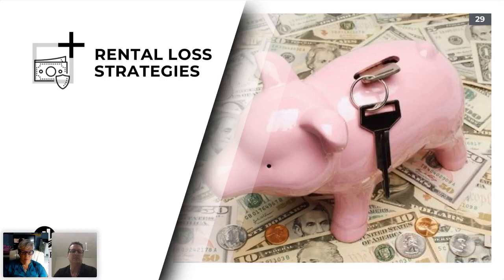Let's talk for a minute about what if you're showing tax losses for your rental property. Always take your direct expenses, as I mentioned, always take your indirect expenses, but maybe it's time to slow down or actually stop your depreciation.